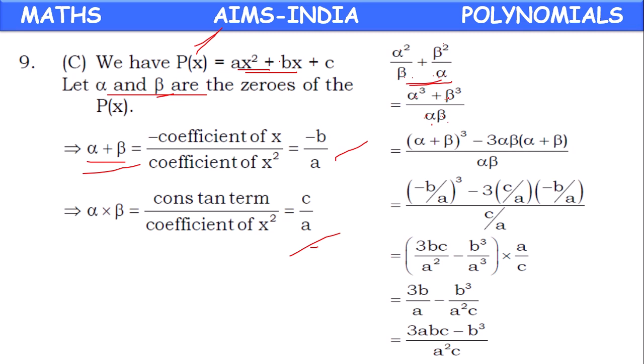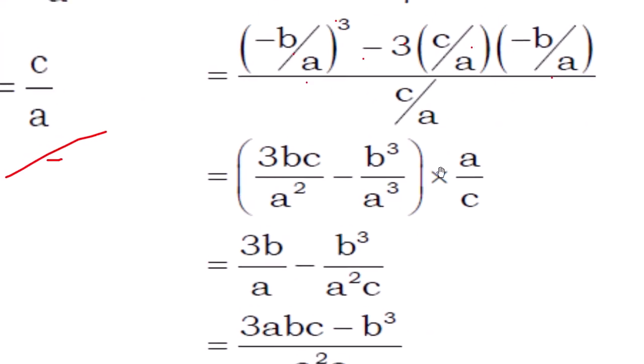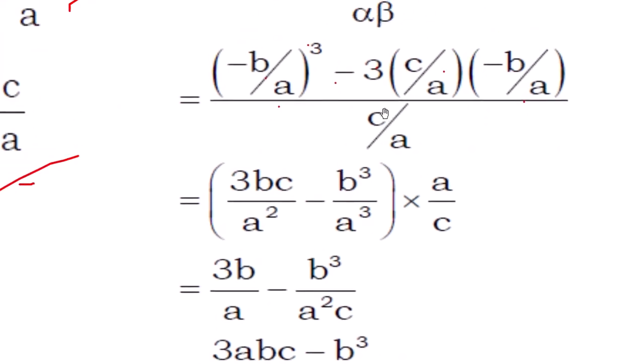Alpha cube plus beta cube, whose formula is alpha plus beta whole cube minus 3 alpha beta into alpha plus beta. We can substitute the values here: minus b by a whole cube minus 3 into c by a into minus b by a.